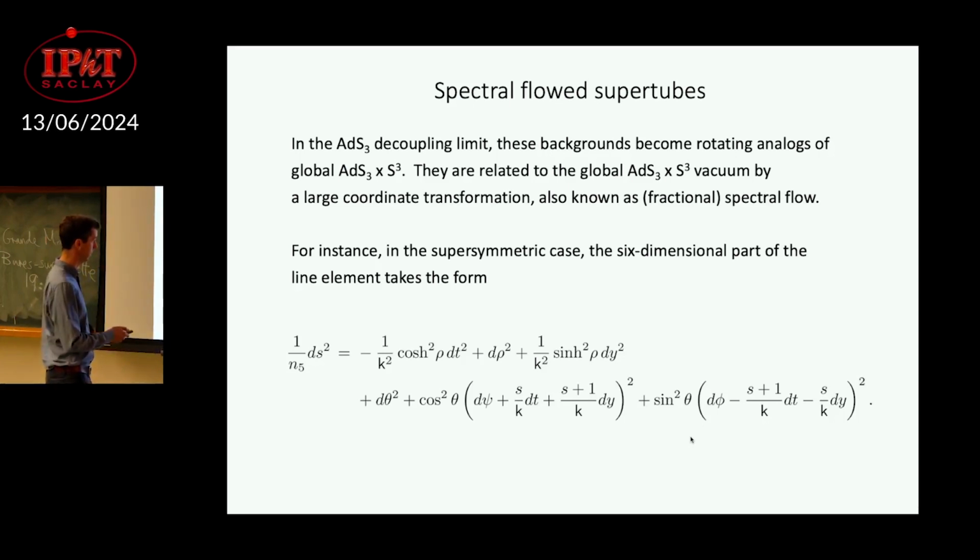The spectral flow is this large coordinate transformation that you can eyeball here. It's a mixing between the angles on the S3 and the time and S1 circle of AdS3, and such that if you were to undo this large coordinate transformation, you could map yourself back to global AdS3 times S3.